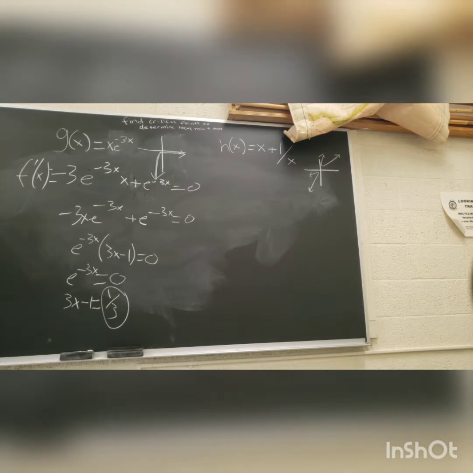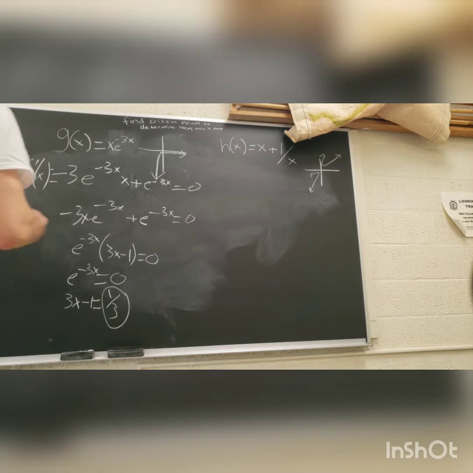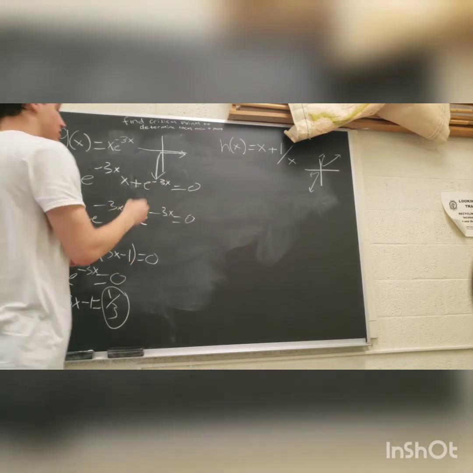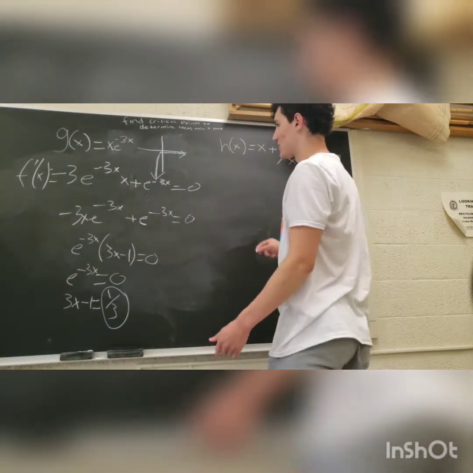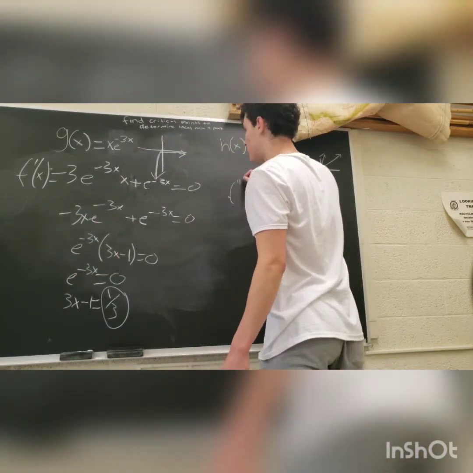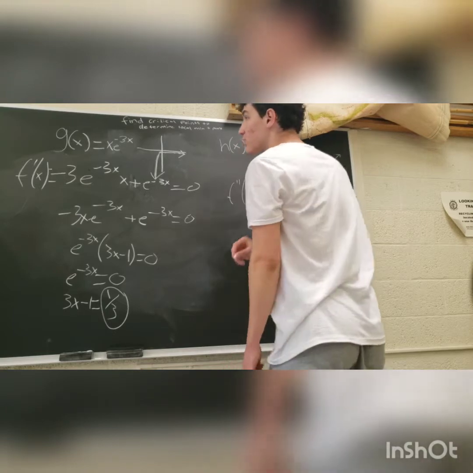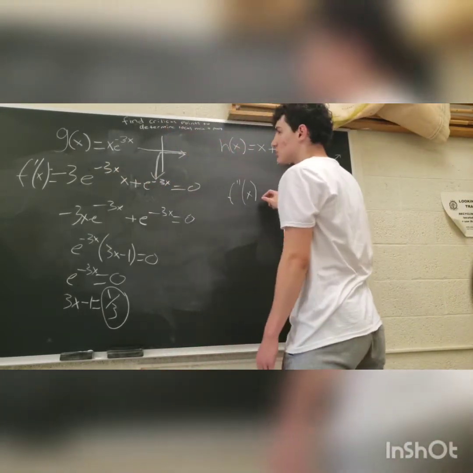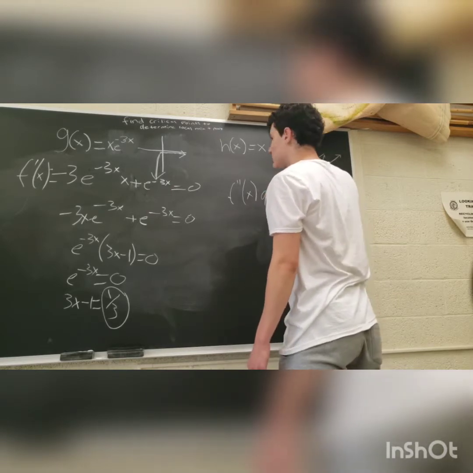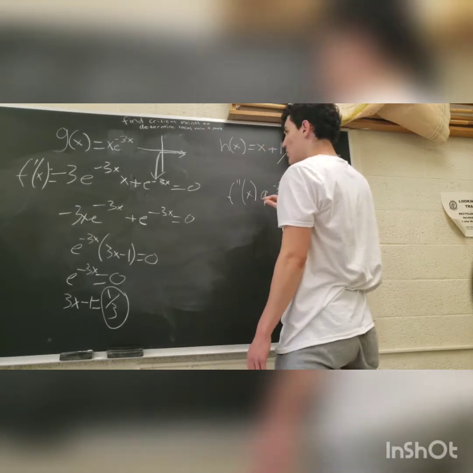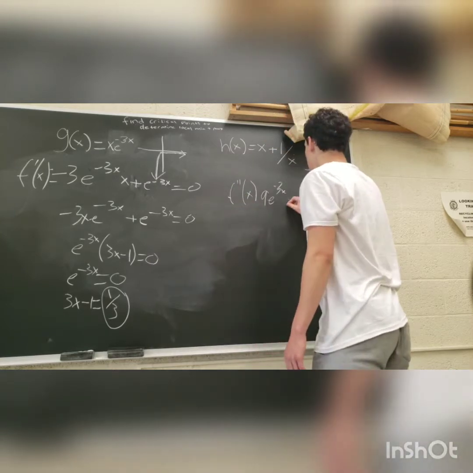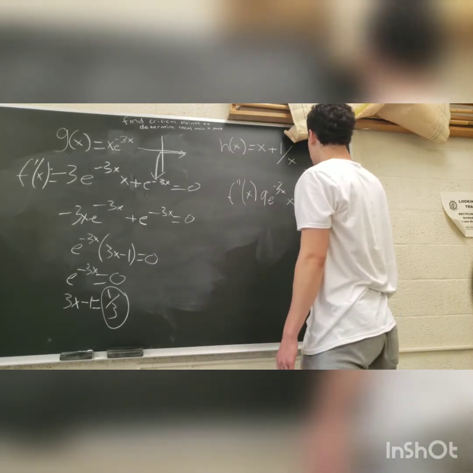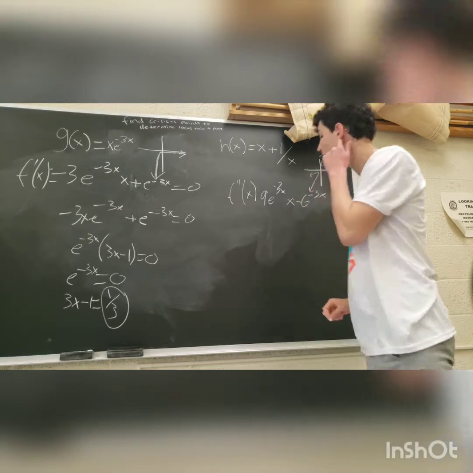And now we're going to determine if it's a local min or a local max. What you need to do for that is to find the second derivative. I'm just going to go over here because I'm running out of space over there. For our second derivative, all you do is distribute the first derivative again. So it would be 9e to the negative 3x times x minus 6e to the negative 3x.